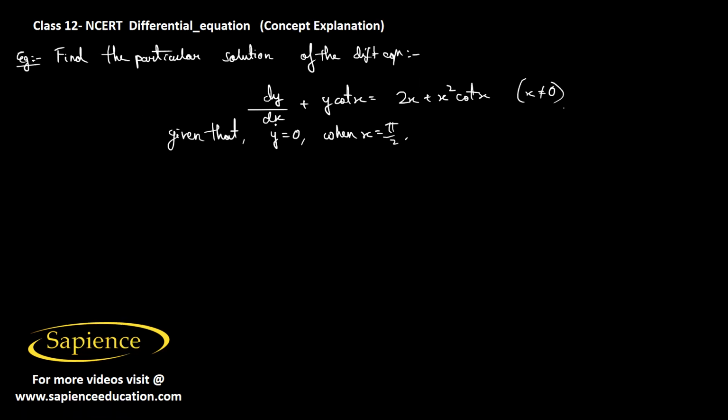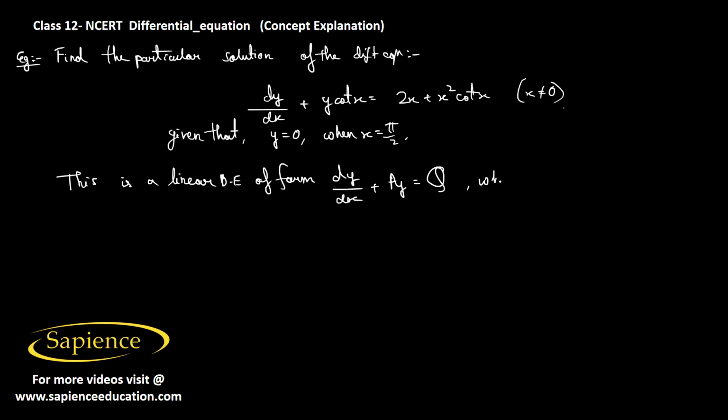So here, this is obviously a linear differential equation, which is of the form dy by dx plus py equals q, where p is the function of x, which is cot x, and q is 2x plus x square cot x.